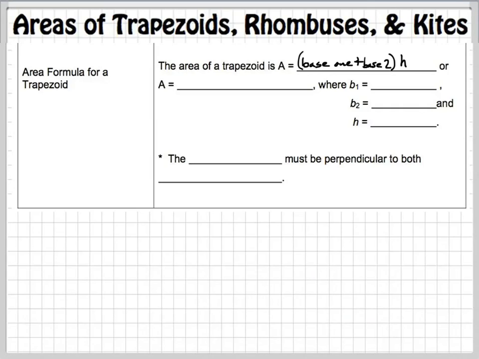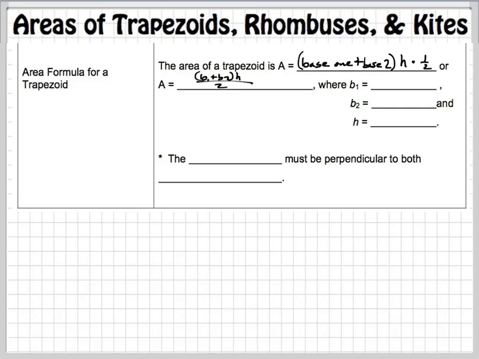And then we have to divide all that by 2, which is the same as multiplying it all by 1/2. So another way to write it is b sub 1 plus b sub 2 times h, divide that by 2.